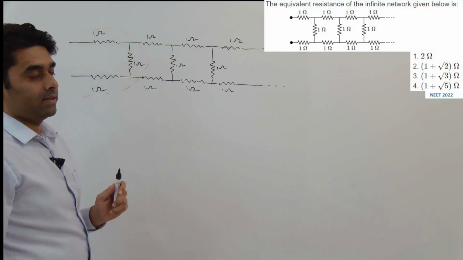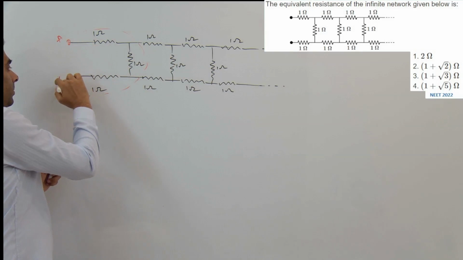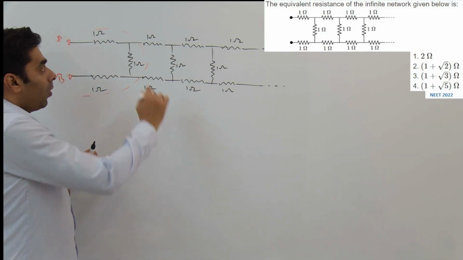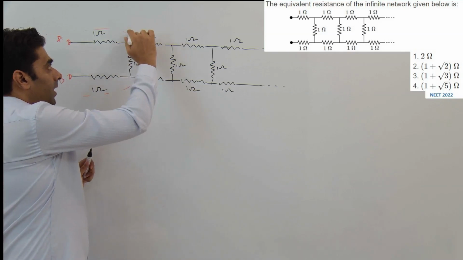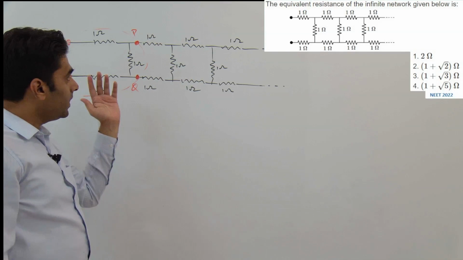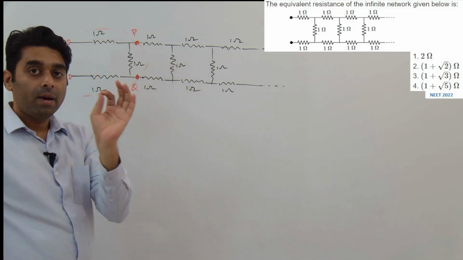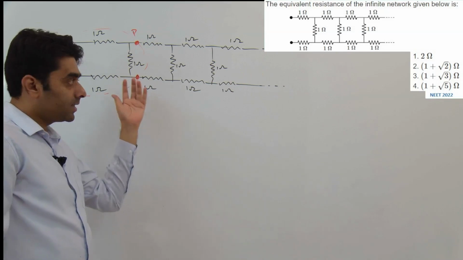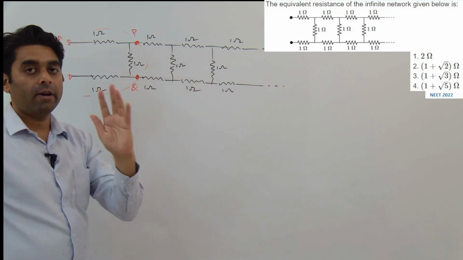That implies you find out R equivalent between these 2 points A B, or you find out R equivalent between these 2 points, the ones that I am marking P and Q. It will be the same only, because if you remove from an infinite ladder one part which is getting repeated and forming the whole ladder, your R equivalent will not change.